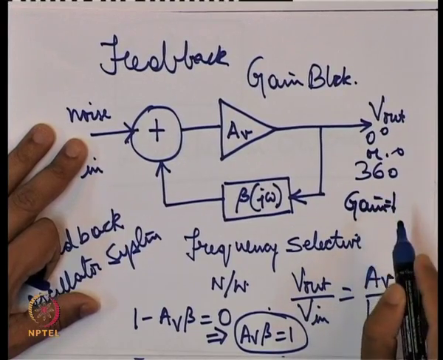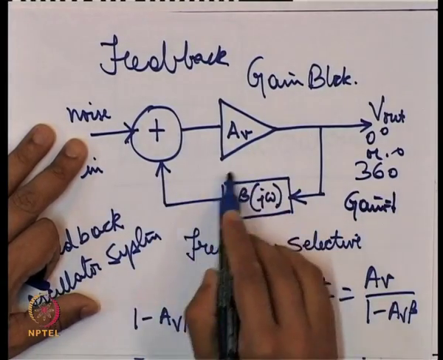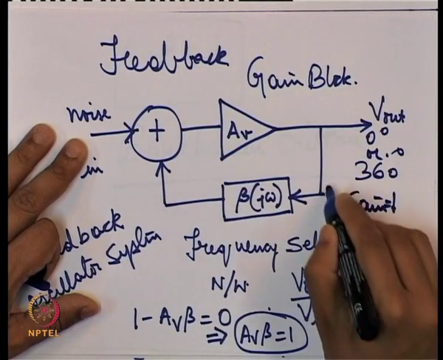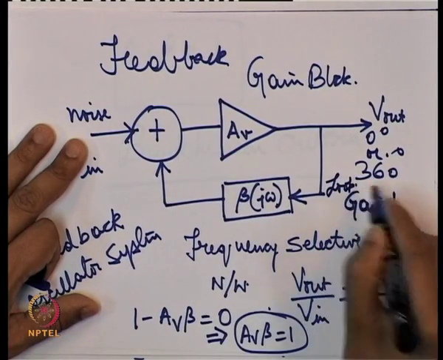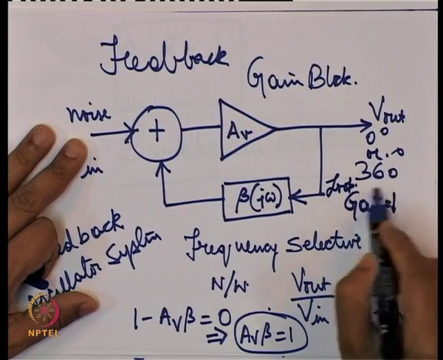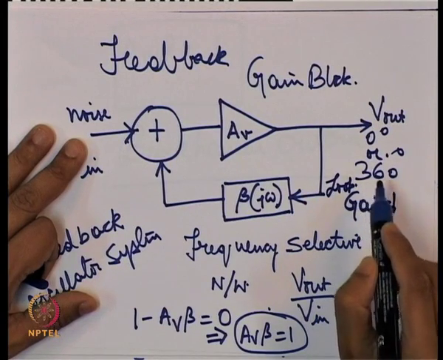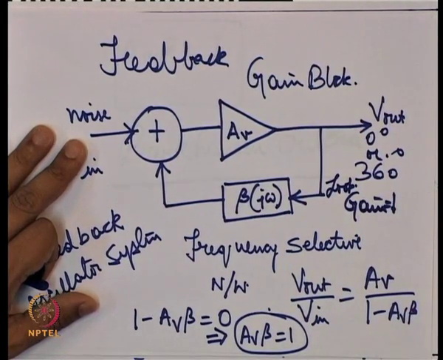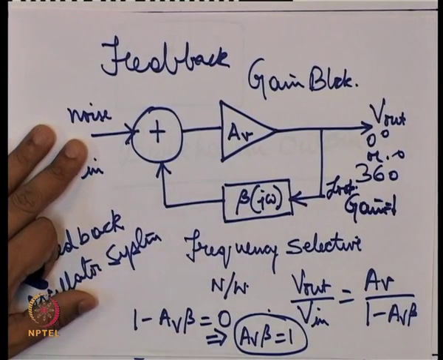Okay. So, this gain is also known as the loop gain, that is, loop gain should be equal to 1 and the total phase change over the loop should be equal to 0 or 360 degrees.